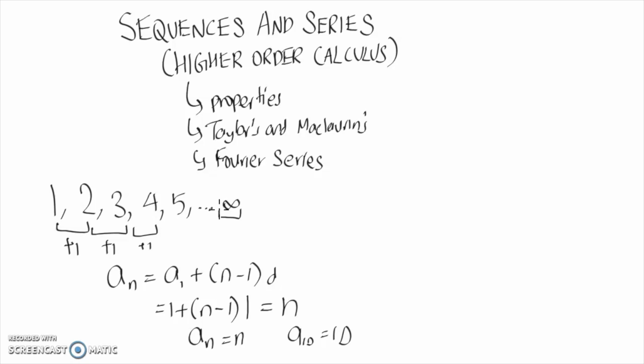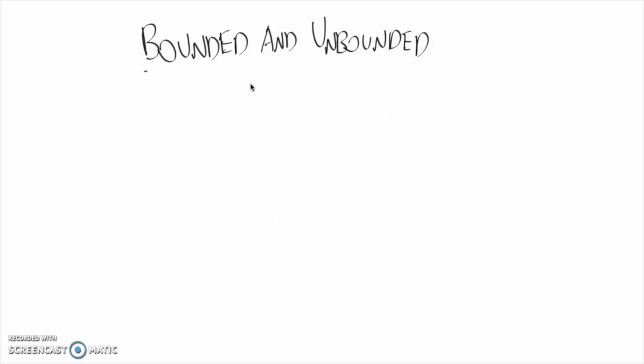Okay, so there are a few things we want to talk about. First of all, we're gonna talk about bounded and unbounded. So the general definition of bounded is that there's some sort of boundary for it. So the sequence sort of stops at some point. So for example, we have a sequence 1 over n, starting from n equals obviously 1 all the way to infinity.